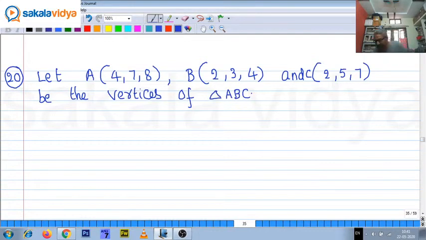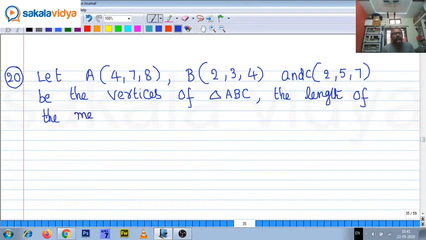The length of the median AD we need to find out.